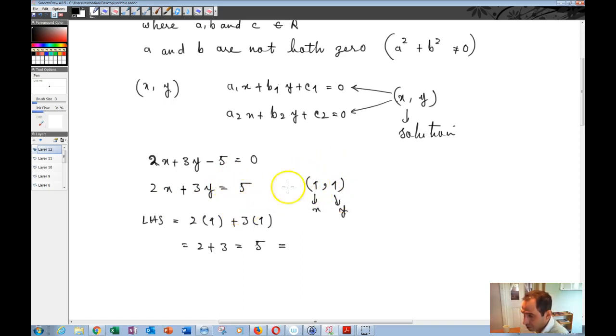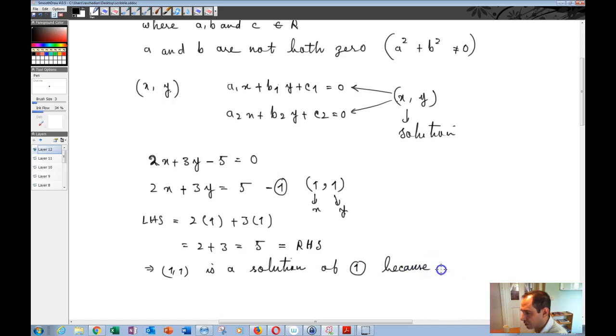If you substitute this point in the left hand side, you get 5, which is equal to the right hand side of the equation, and therefore you can say that 1 comma 1 is a solution of this equation number 1, because it satisfies it.